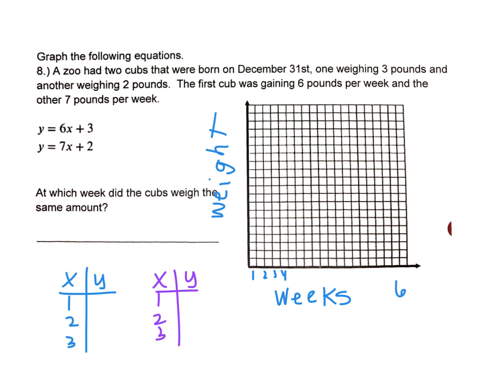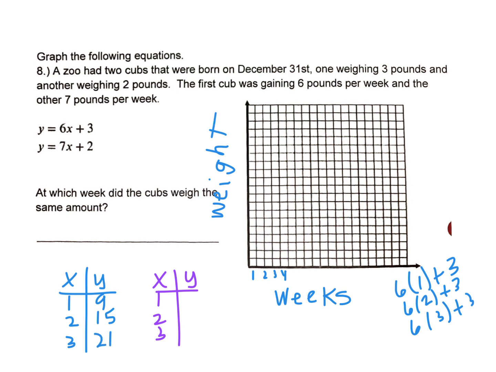So if I do 6 times 1 week plus 3, that's going to give me 9. If I do 6 times 2 weeks plus 3, 12, 13, 14, that gives me 15. And if I do 6 times 3 weeks plus 3, that's 18, 19, 20, 21.